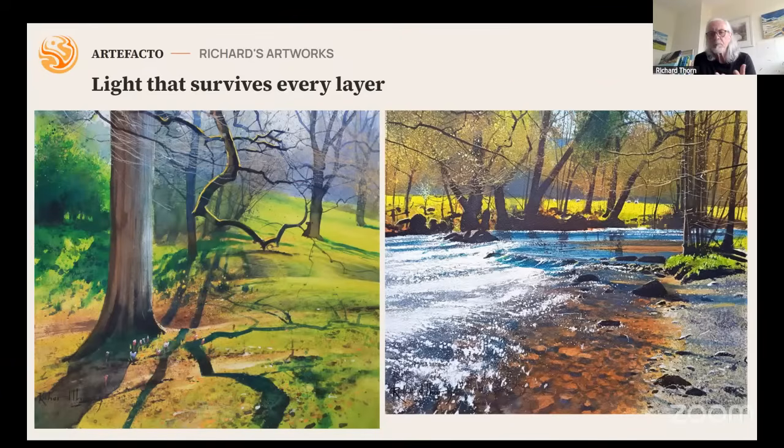If you start off with a weak color or a weak tone, the next tone you put on is going to muddy that. And each time you add another wash to try and get that luminosity and brightness, you end up muddying it. So your first wash is the brightest thing you can do, and that will set the tone, excuse the pun, for the rest of the painting.